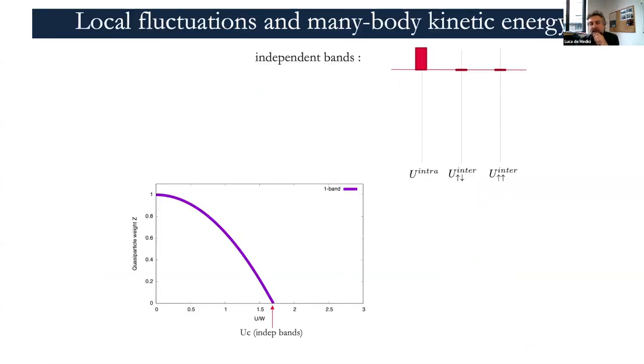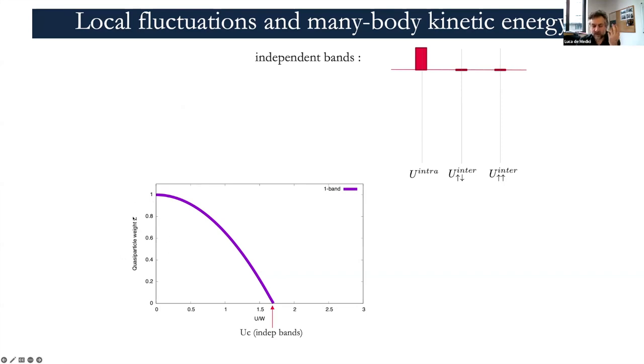Now, one way I like to illustrate the importance of this aspect is the following. Imagine that you have a set of independent identical bands. They don't talk to each other, they don't have hopping between them, and we have only intra-orbital interactions. So these are isolated bands, and they do what we know they do when you increase the Coulomb correlation.